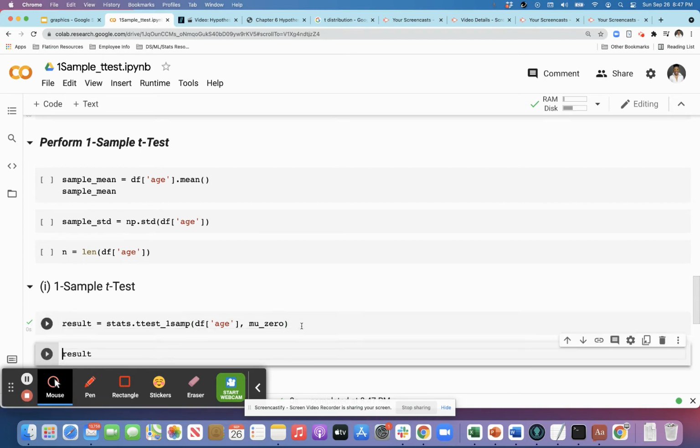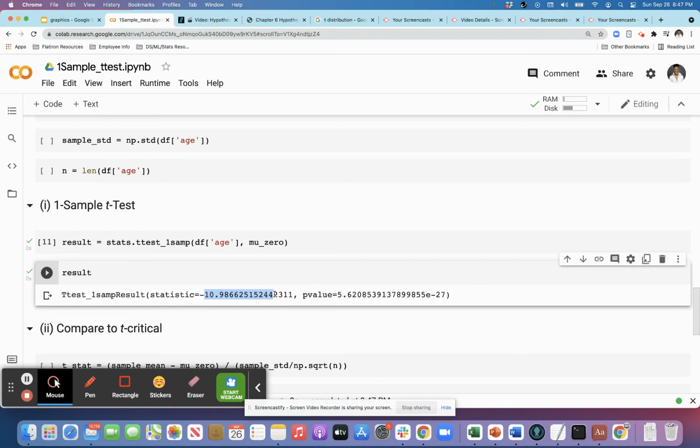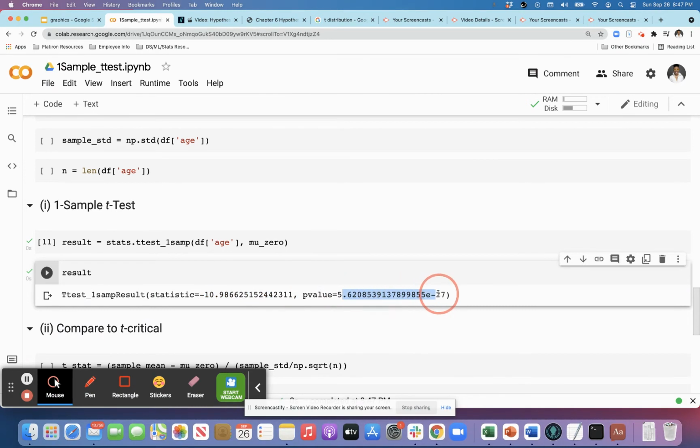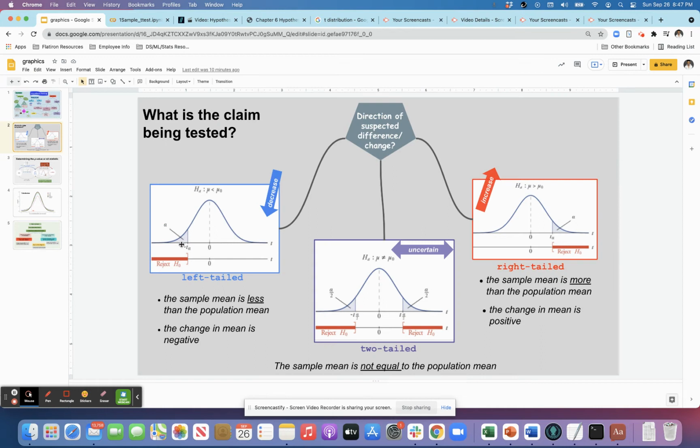We get the t-statistic and the p-value, and we see that this p-value is extremely small. So we are way into the reject region, and we would definitely reject our null hypothesis.